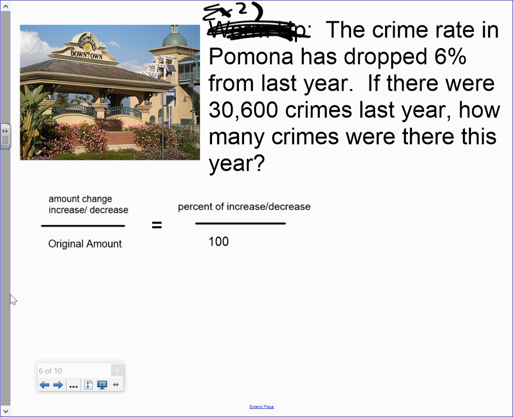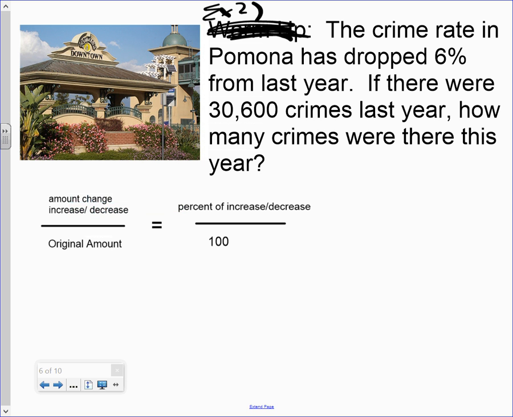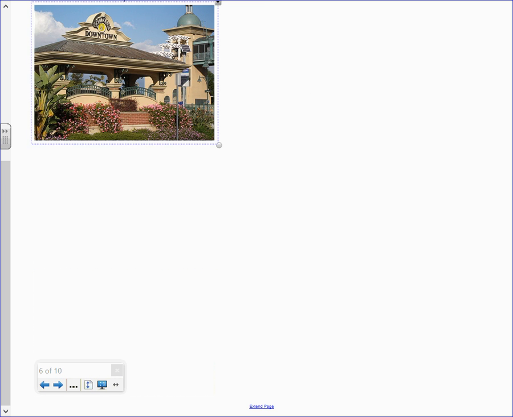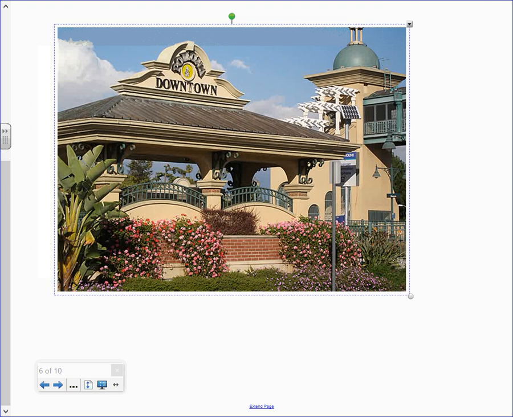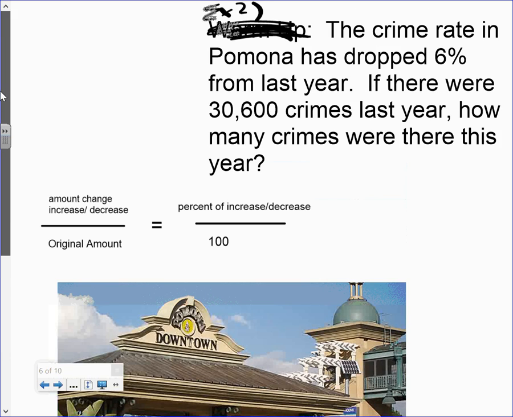Let me blow it up a little bit so you can see it. Look at it. You recognize that? That's where the Metrolink is, in downtown Pomona. So this is example 2. That's the last example for the day.